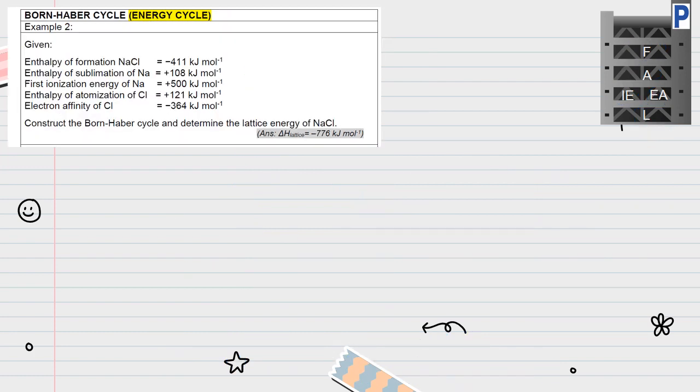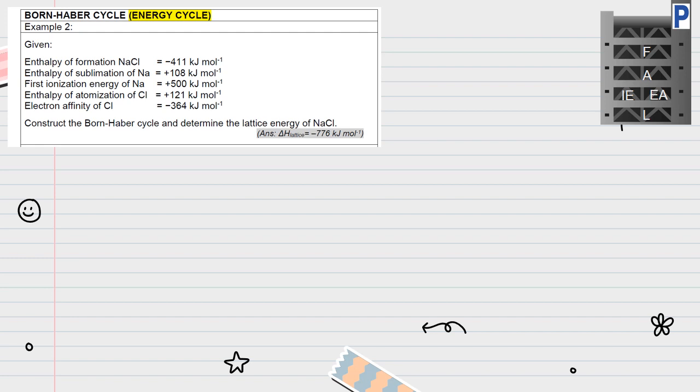Okay, so let's see the second example. So for this example, dia tak bagi thermochemical equation for you. You have to construct your own thermochemical equation. So the first one adalah enthalpy formation of NaCl. So make sure you remember the definition.